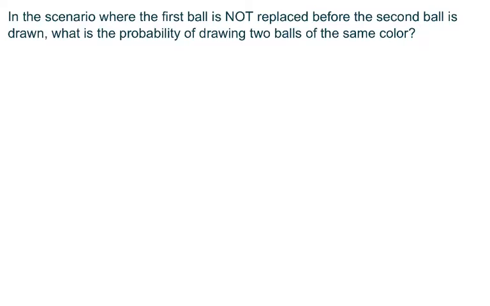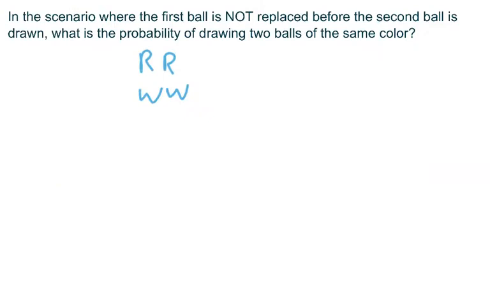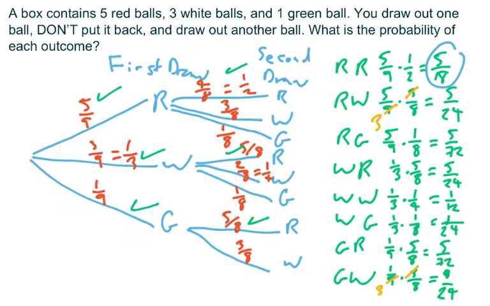The only way you could get two balls of the same color would be if you had a red followed by a red, or a white followed by a white. Let's look back and see what those individual probabilities are. A red followed by a red, that's right here. That probability is 5 over 18. So let's write that down. And then a white followed by white, that probability is right here, 1 over 12.